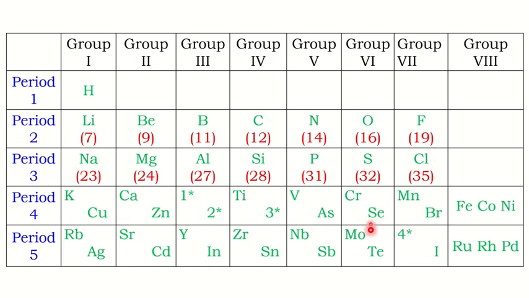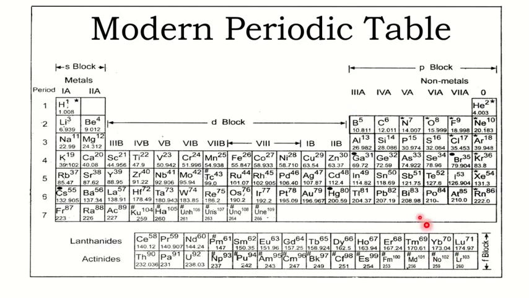In this way, all these elements are arranged by Mendeleev in the increasing order of their atomic weight. But there's a different concept in the modern periodic table. These elements are also arranged here, but in the increasing order of their atomic number, not according to atomic weight.